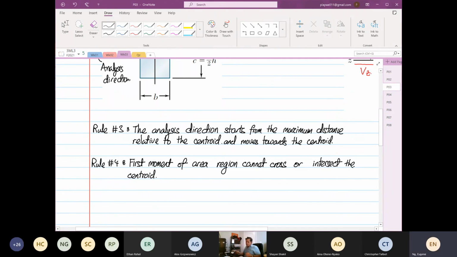So rule number 4, I'm going to give examples on what I mean by this.